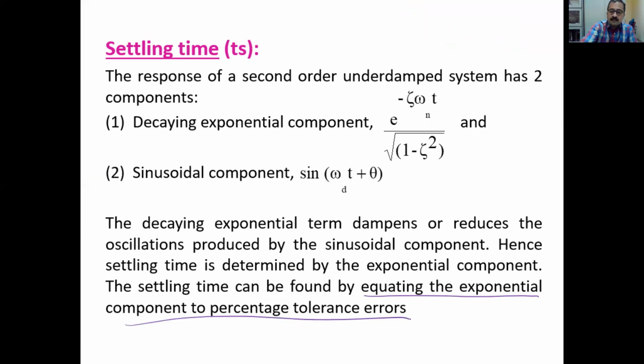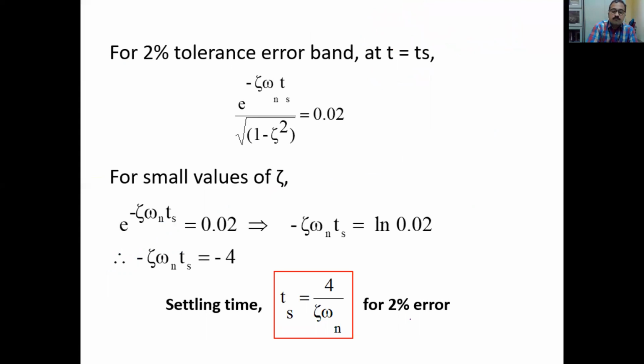Okay, so in the literature there are two commonly used tolerance errors. One is 2% tolerance error, right? So equate the exponential term to 0.02. Okay, so e raised to minus omega n ts at settling time divided by root of 1 minus theta square must be 0.02. Now if theta is very small, say theta is 0.01, what happens to theta square?